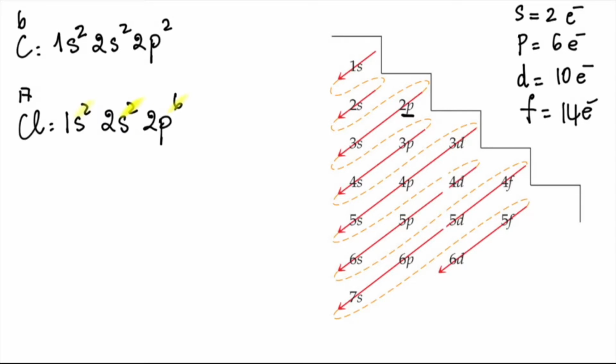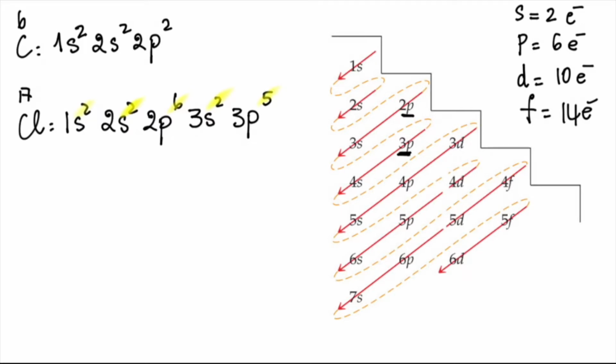After 2p, it is 3s. S can put only 2, so 3s2. Right now we have 12. We need 5 more, and after 3s, there's 3p. P can put 6 electrons, but we need only 5 more, so we can do 3p5. And if you add the numbers up, it should give you 17.